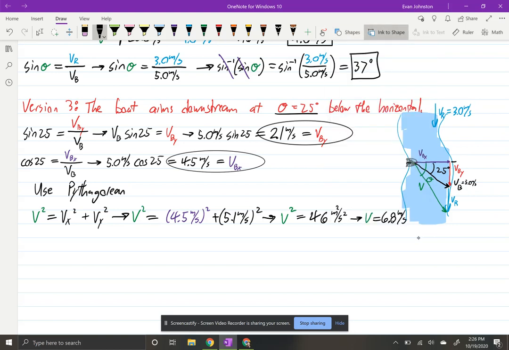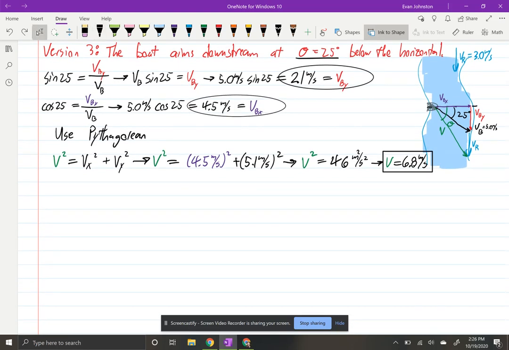So we now know the speed of the boat when it aims downstream and the river helps it. This 6.8 is bigger than the boat's original 5, and that makes sense. The river is pushing the boat along and speeding it up.